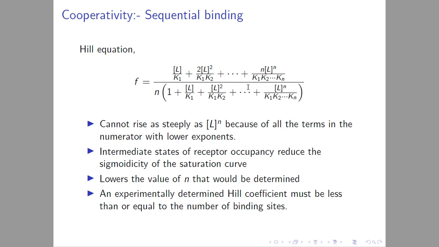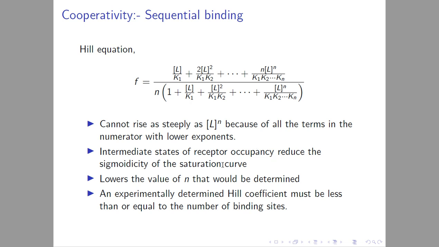Okay, so what we can say about this equation is that it cannot rise as steeply as L to the power n, because all the terms in the numerator have lower exponents. Okay, so this will affect the speed at which all the binding sites become occupied. Okay, and intermediate states of receptor occupancy reduce the significance of the saturation.